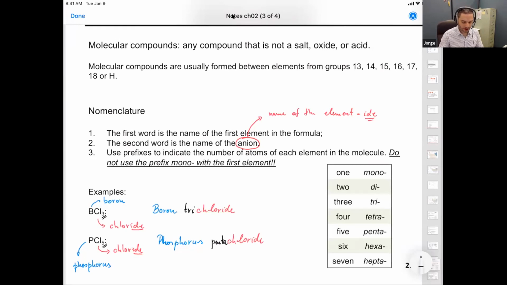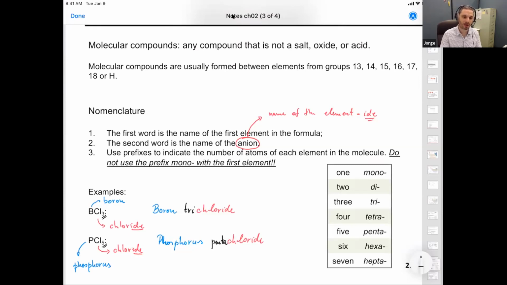So the important thing here is to use the adequate prefix. If you have more than one atom for the first element, then yes, you have to use the prefix to indicate the amount. And for the second element, you always use the prefix to indicate the amount of atoms in the formula.